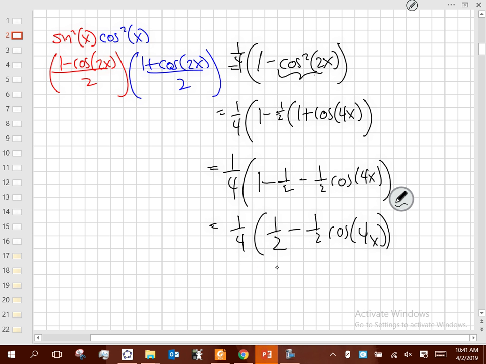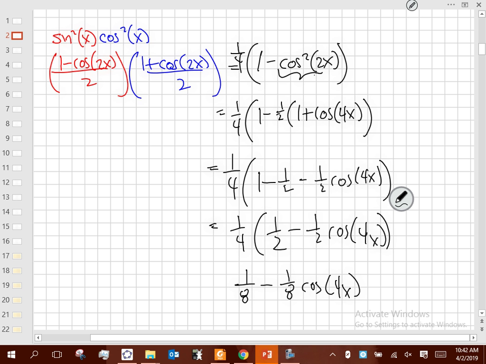Okay, so you can do one of two things. You can distribute the 1/4 if you want to, so 1/8 minus 1/8 cosine 4x. Sometimes they might write that as 1/8 times the quantity of 1 minus cosine 4x. Either way is fine. Okay?